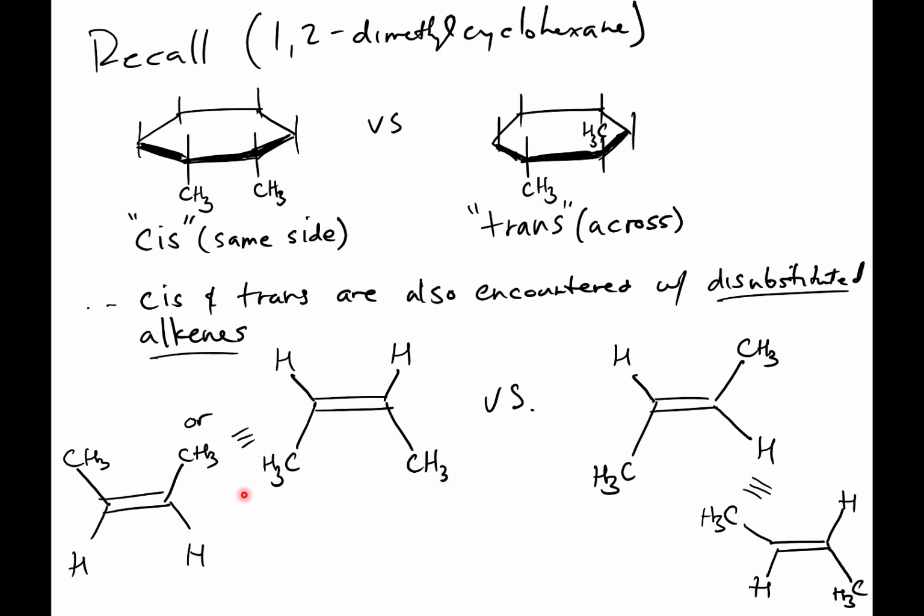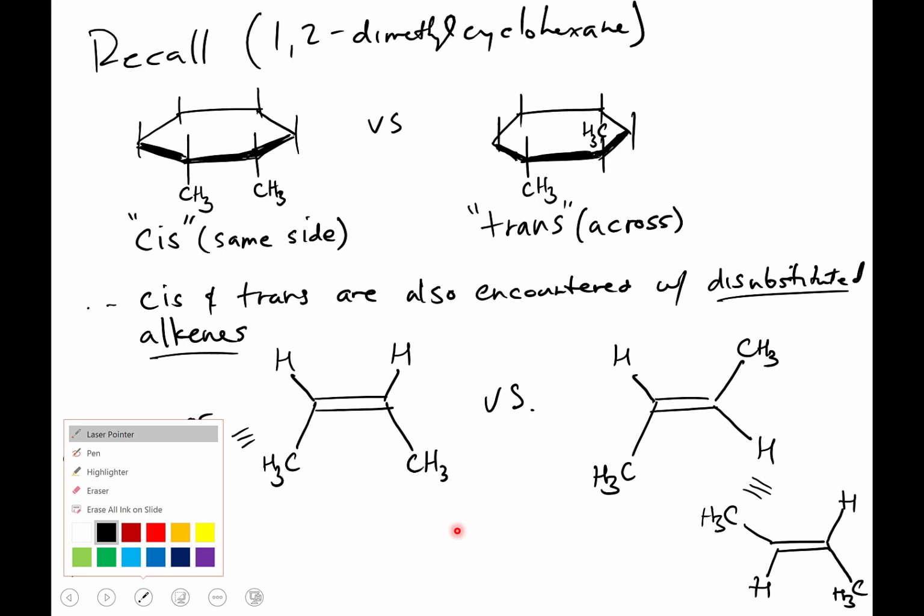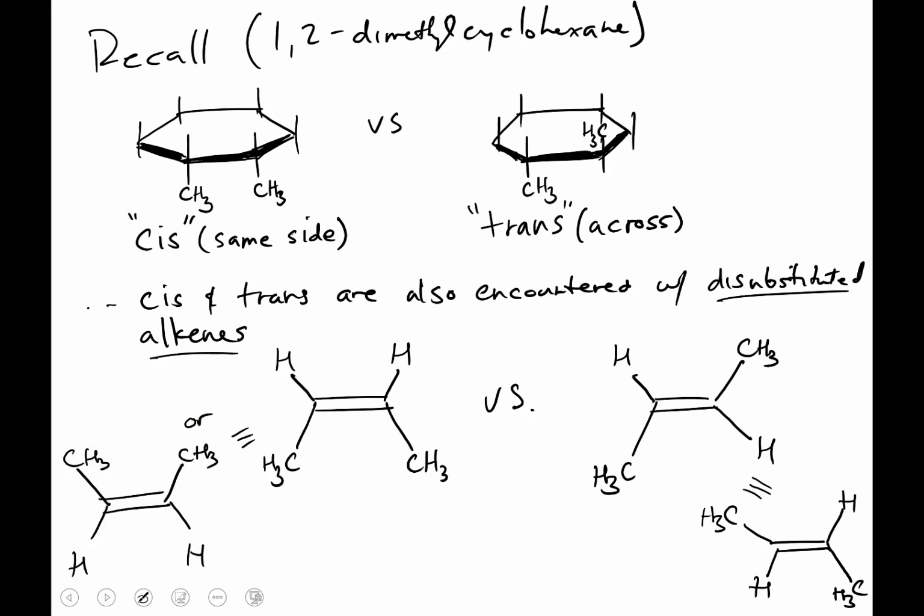And the idea here is that both of those methyls in both of these situations are on the same side of that plane, or on the same side of that double bond. Sometimes we call it a pi bond, or a pi system rather, but let's not worry about that. So we're calling this, these are on the same side, so cis. The substituents are cis, or the double bond is cis rather.